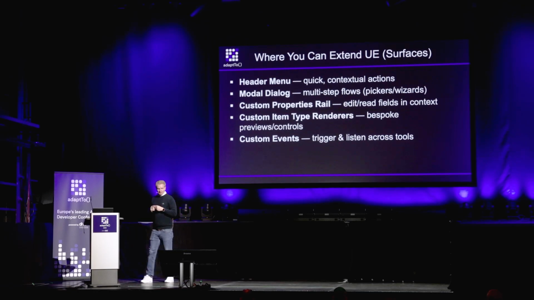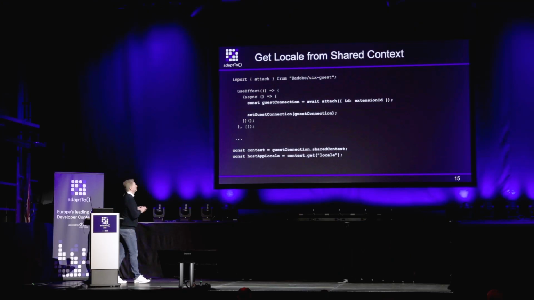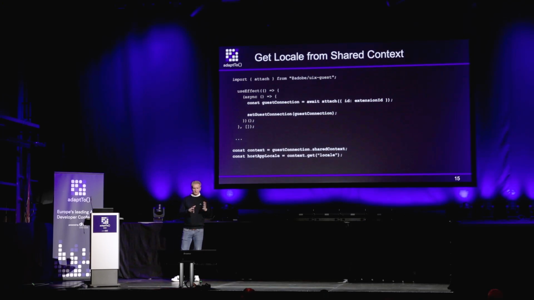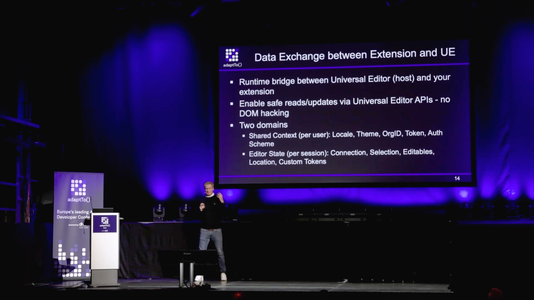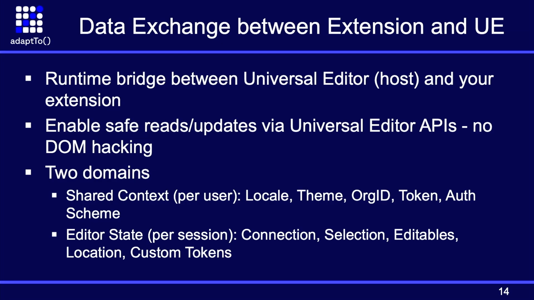And then lastly, and I think it's the most complex use case, you can use custom events. Short hint, if you want to start using it, the last thing is we also have to think about how you can interact with the Universal Editor itself.